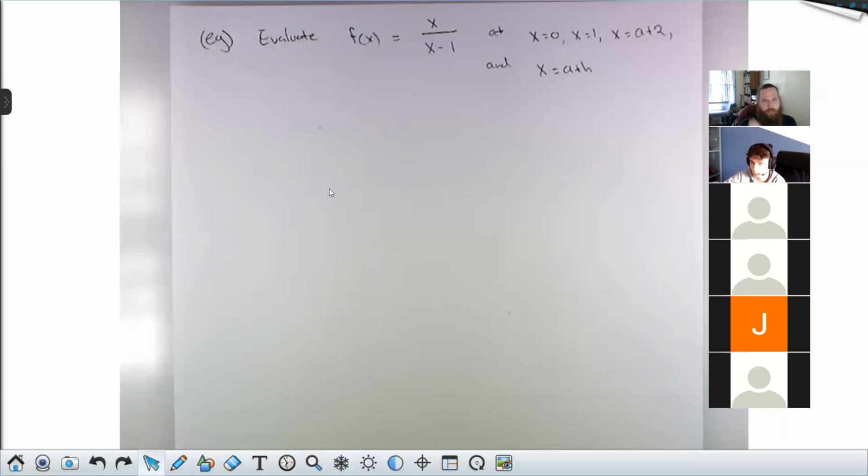Same sort of thing. I'm giving you a function. This time there's no piecewise weirdness. And I'm asking you to evaluate this function at a few different inputs.